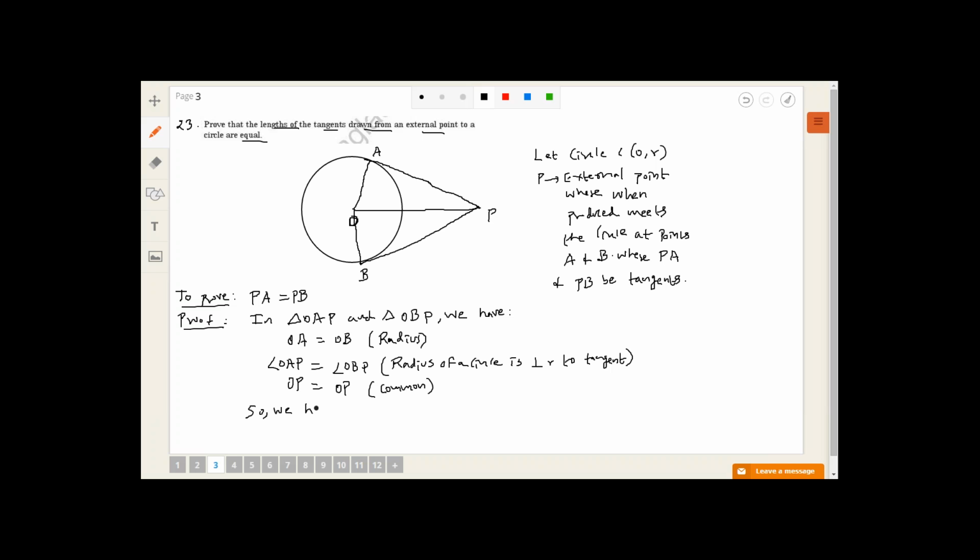So we have triangle OAP congruent to triangle OBP by SAS congruency.